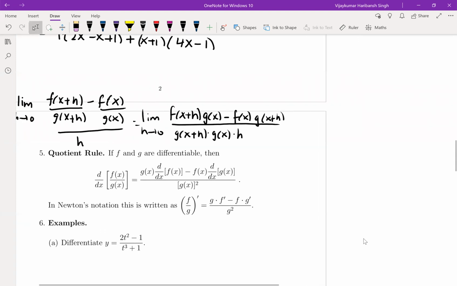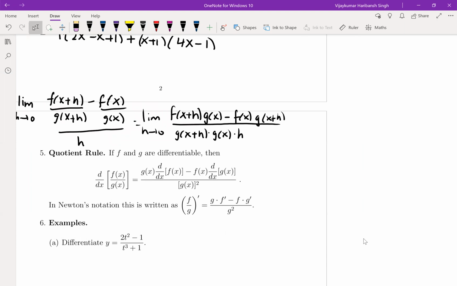Right? Then you have to again add and subtract something. So what do you have to add and subtract? You have to add and subtract f of x times g of x.